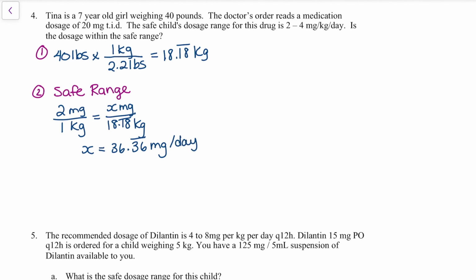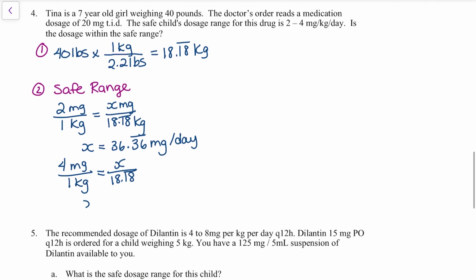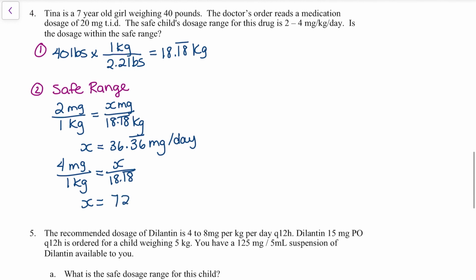That's the low range. The upper range is for 4 milligrams, so essentially we just times it by 2. So my safe dosage range for this child is 36.36 milligrams per day up to 72.72 milligrams per day.